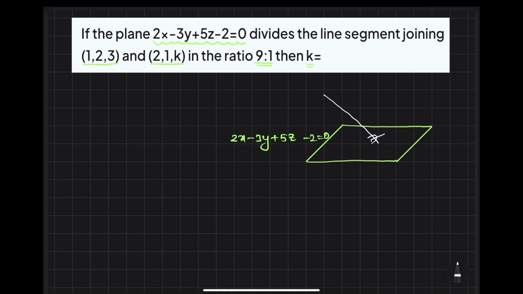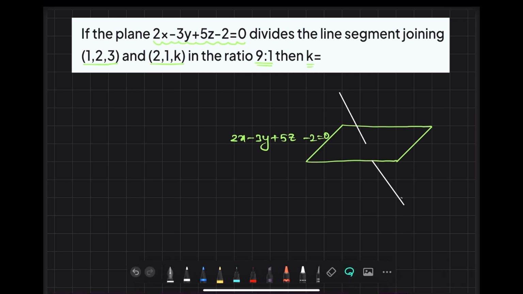Suppose we have this. Suppose the diagram is correct. Now, this point is 1, 2, 3.